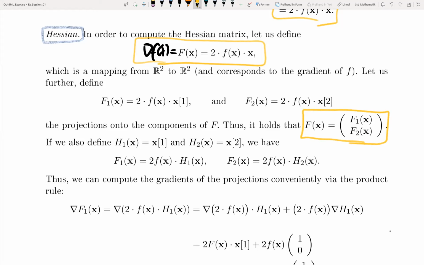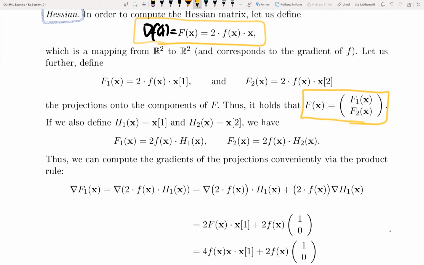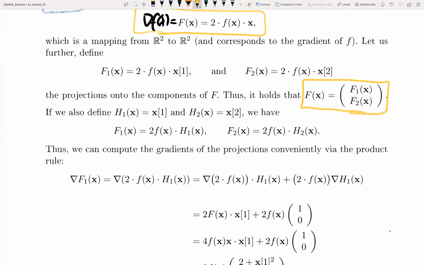All right, and well, in order to have it really clearly what we are doing, we introduce yet another function, only for clarity reasons, so that we really see that the product rule is coming into play. We specify the multivariate function, which is mapping an x to a scalar, h1, and it's nothing else than forgetting about the second component, or projecting it on the first component.